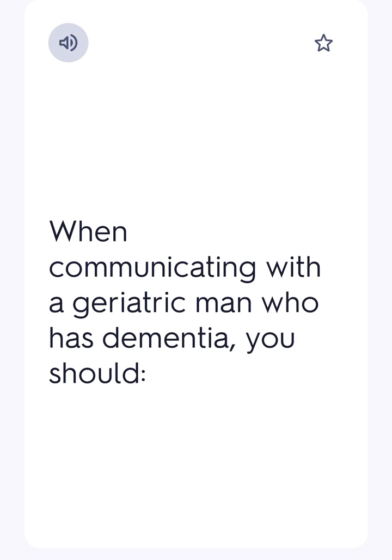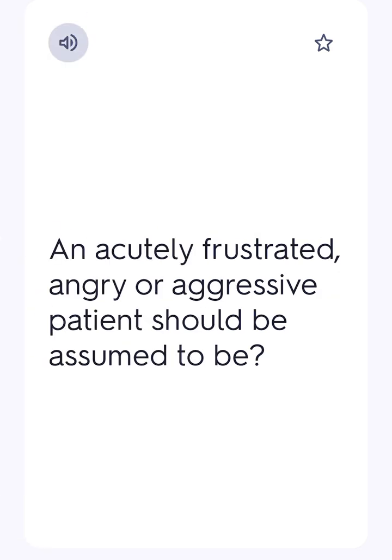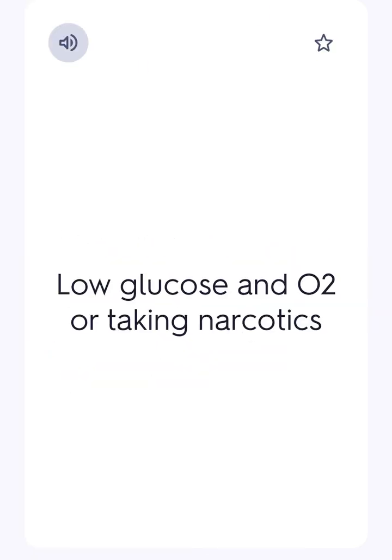When communicating with a geriatric man who has dementia, you should determine how much change has occurred in his level of consciousness. An acutely frustrated, angry or aggressive patient should be assumed to be low on glucose and O2 or taking narcotics.